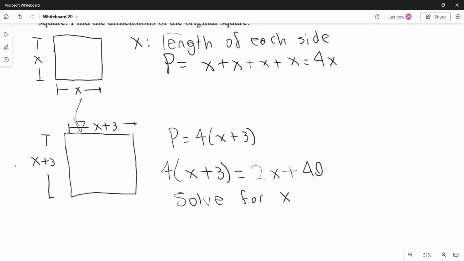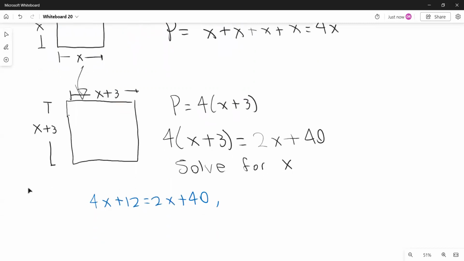Okay, so solve this equation for x. We're going to distribute the 4. So we work with this type of equations. And then, you know how this goes. Subtract 2x from both sides. So 4x minus 2x is going to be 2x. And subtract 12 from both sides. 40 minus 12 is going to be 28.